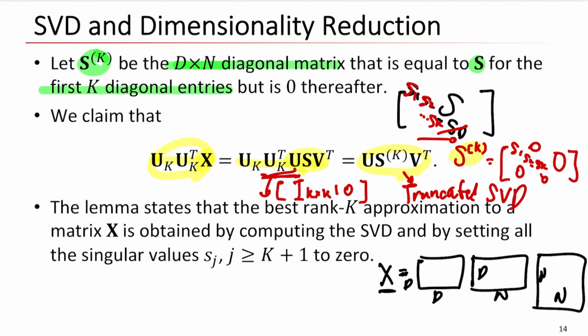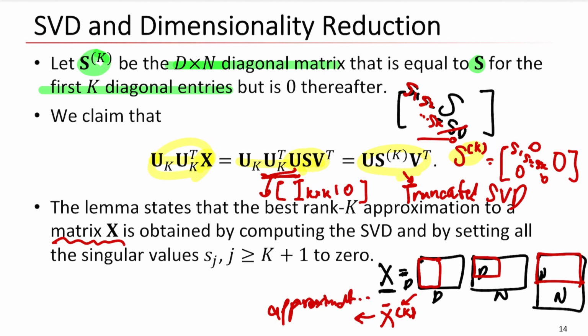But here, we want to use just a few values to reconstruct the new X, let's say Xk, right? So the lemma states that the best approximation to the matrix X, this one, is the best approximation.